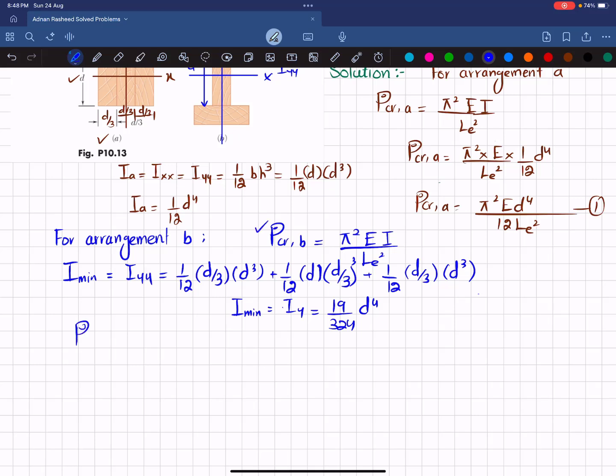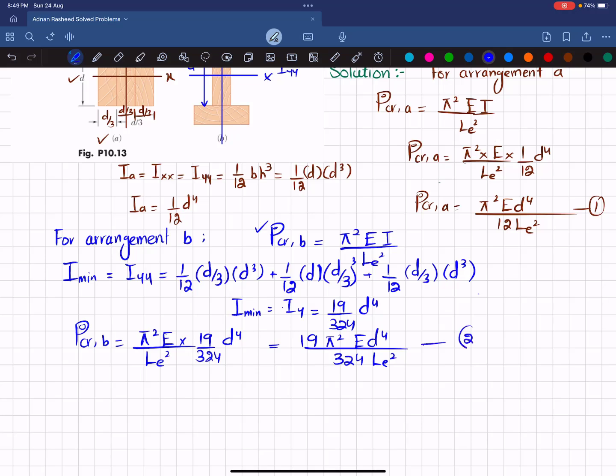So P critical for arrangement B will be equal to pi square E multiplied by 19 divided by 324 into D power 4 divided by LE square. From here you will get 19 pi square E into D power 4 divided by 324 LE square.